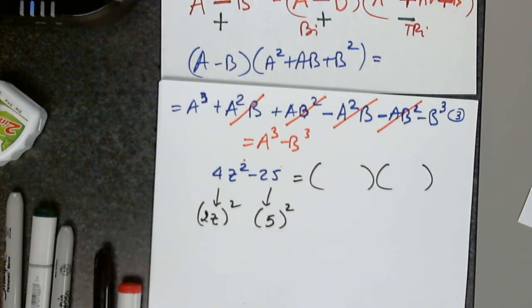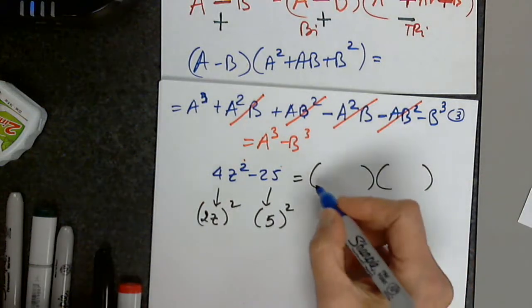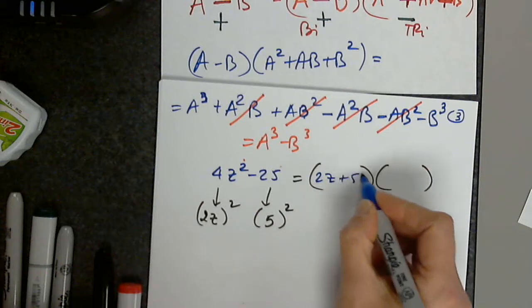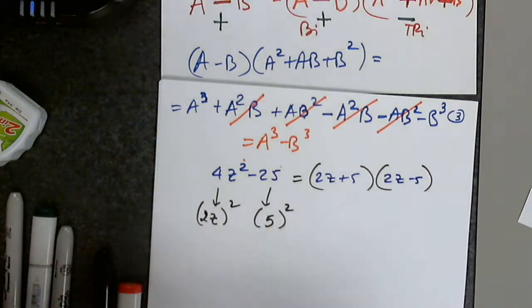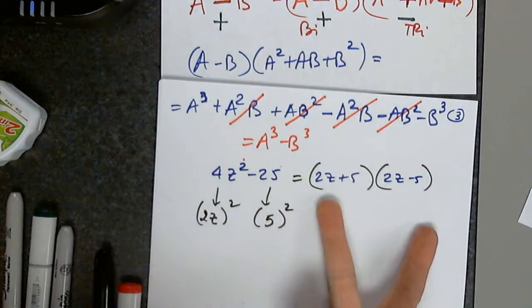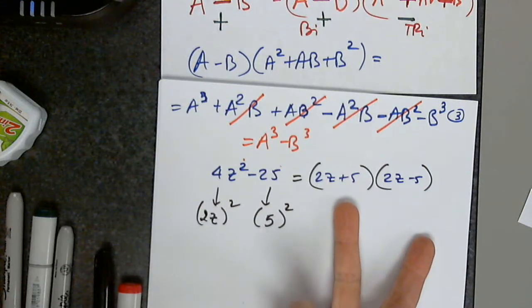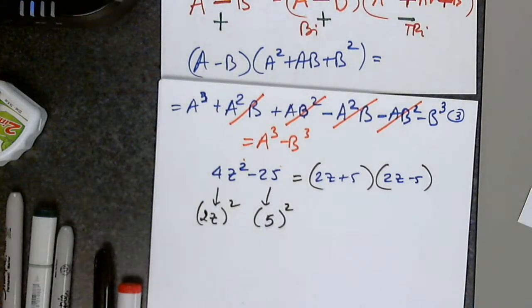Exactly. That's it. 2z plus 5, 2z minus 5, and you know that the order is not important. I can have 2z minus 5 times 2z plus 5. It doesn't mean that it's a different factored form. It's the same. Very good.